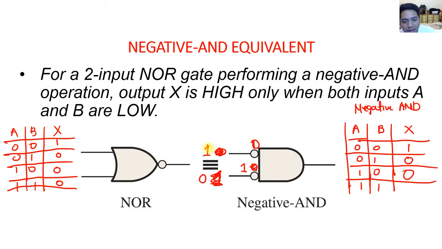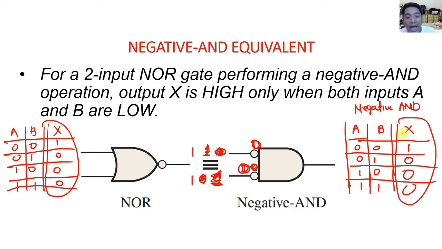And lastly, if you have 1 and 1 as inputs, you'll have 0 and 0, and 0 times 0 would be 0. As you can see, the output is still the same for the NOR gate and the negative AND gate. So we conclude that these two, the NOR gate and the negative AND, are simply equivalent.